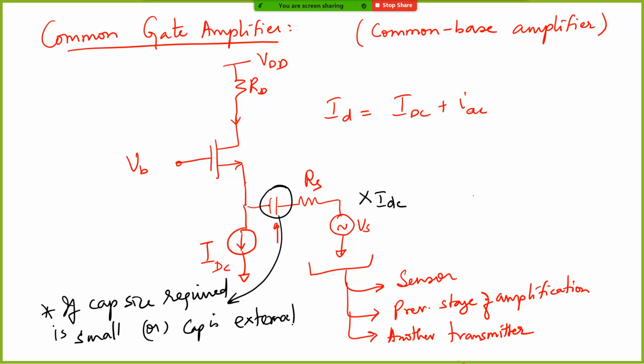And MOS capacitance is a nonlinear capacitance, and usually it is used between a node and ground. Okay, so because of all these factors, you cannot put large capacitors on chip, and therefore either it must be external to the chip, or you should be at a very high frequency where the value of capacitance that is required drops down to the order of a few picofarads or even lesser.